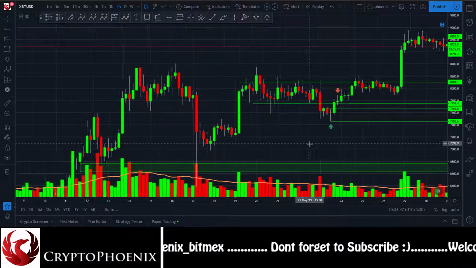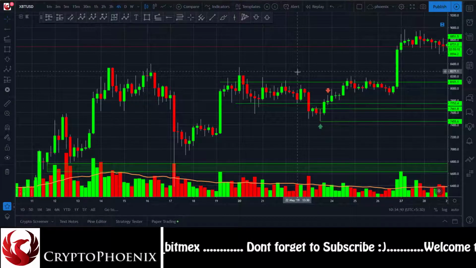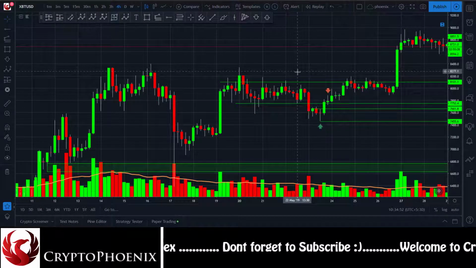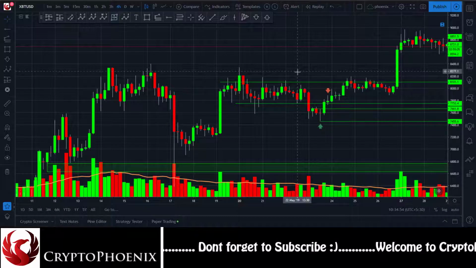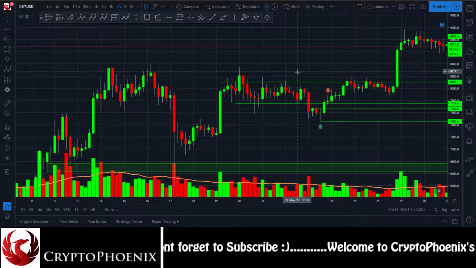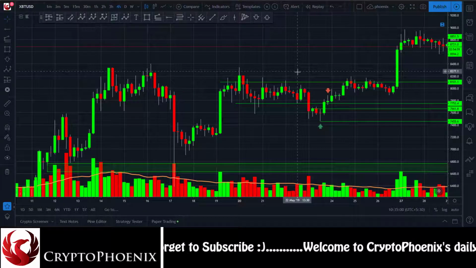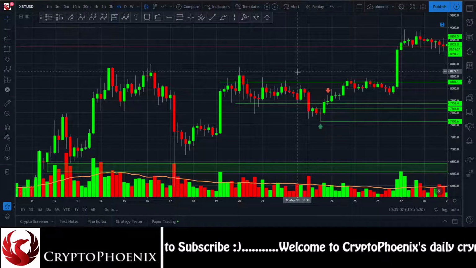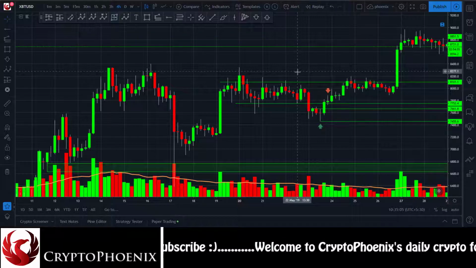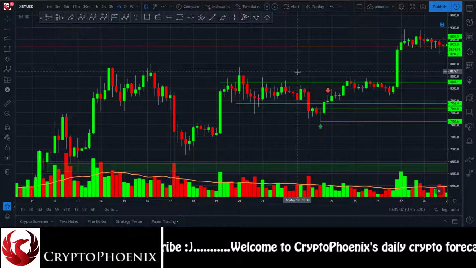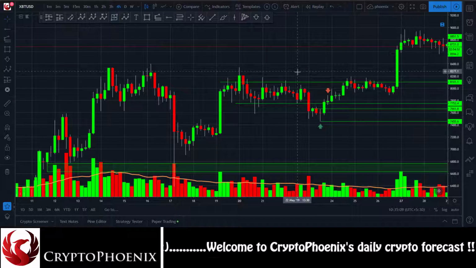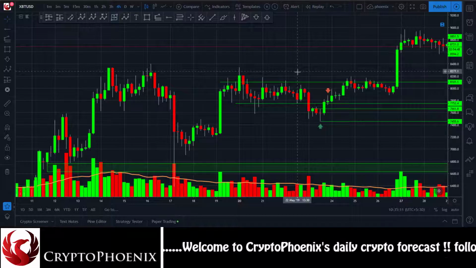If any candlestick touches a price range 2 times, it's a support or a resistance. If it touches 3 times, it's strong support or resistance. If it touches 4 or 5 times, it's much stronger.